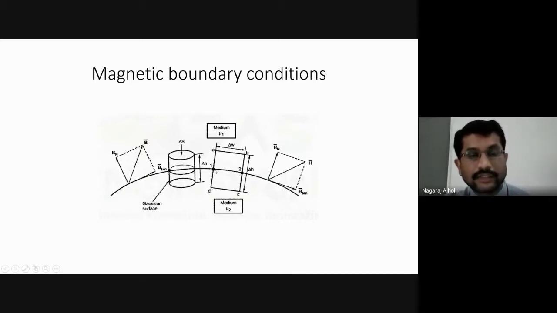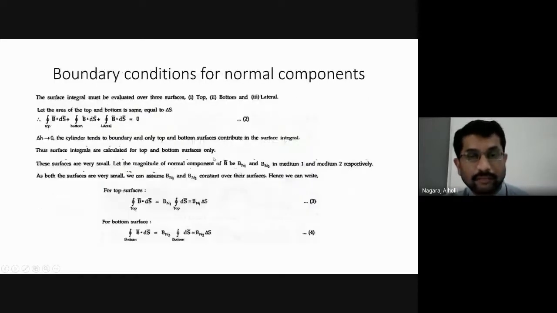Then D to 2 is the normal component in the second medium, so it will have a minus sign, because B to C is from top to bottom, D to A is from bottom to top. Hence it is minus sign. Similarly, 2 to A is also with the minus sign. Then we'll complete the formula.